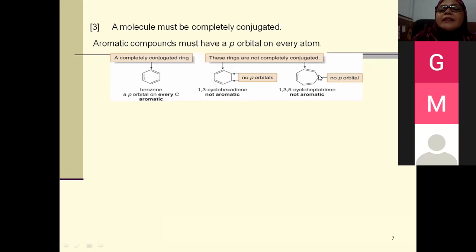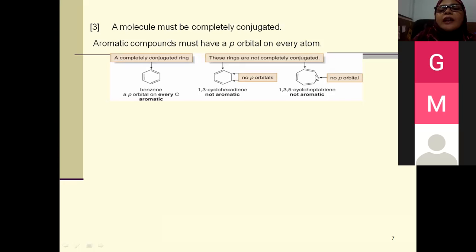Similarly, in this compound also, there are 7 carbon atoms, so it is hepta, and 3 double bonds, so triene. At what positions are the double bonds present? 1, 3 and 5. So 1,3,5-cycloheptatriene. But here you can see that the arrangement of double bonds and single bonds is again not completely conjugated, and this carbon atom does not have any double bond.